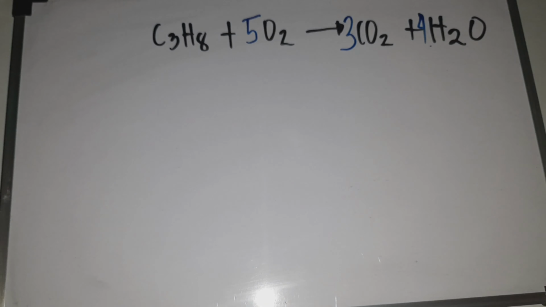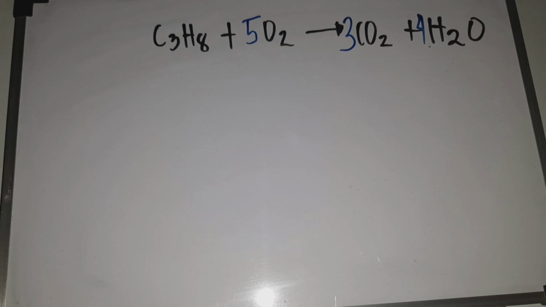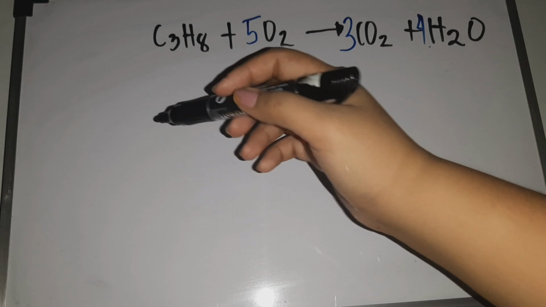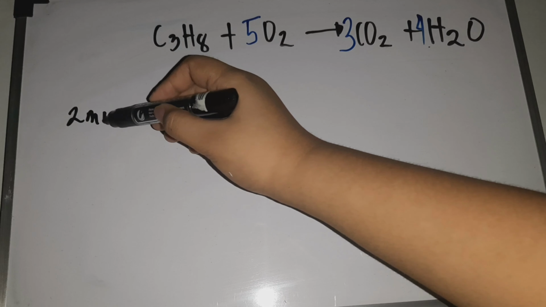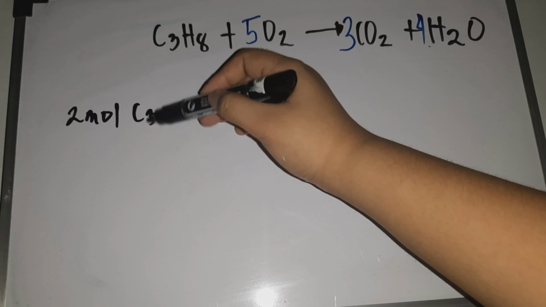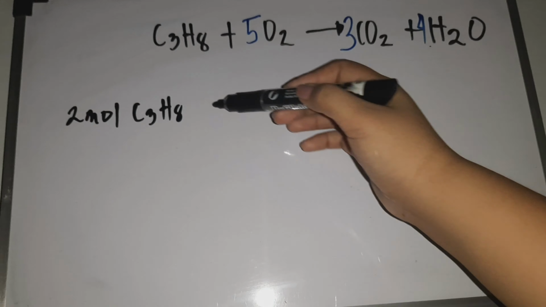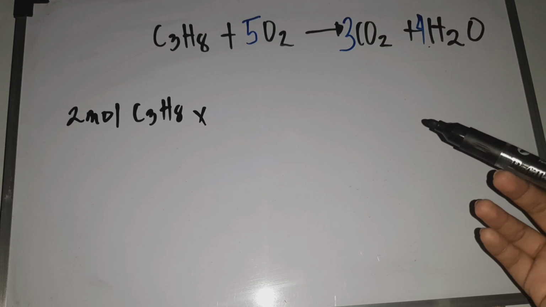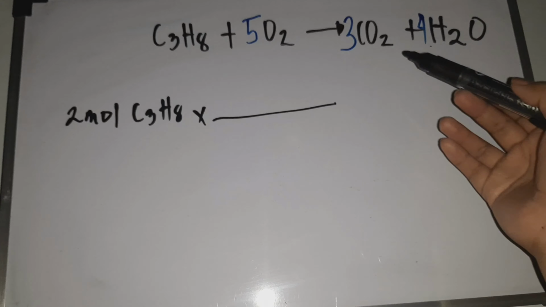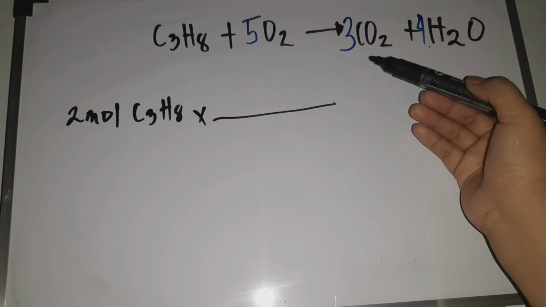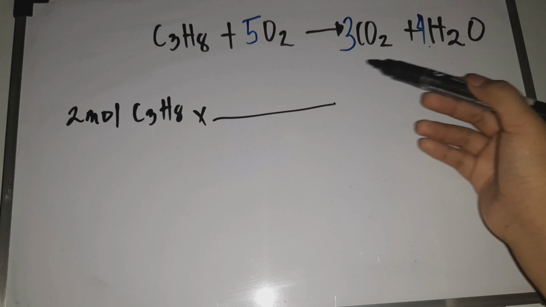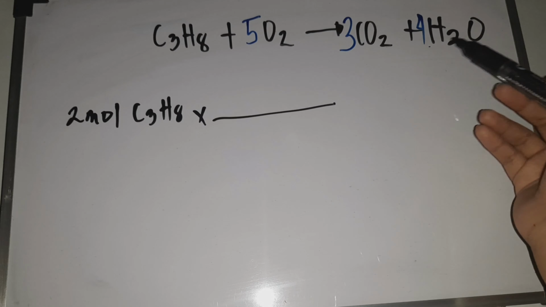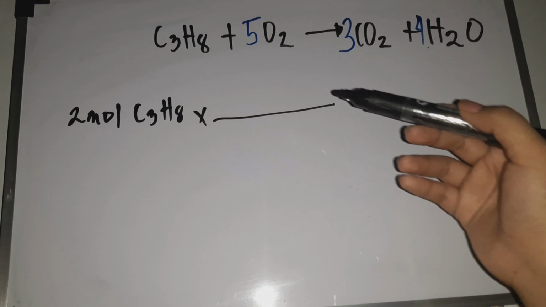So let's try to solve it using our old way of finding the limiting and excess reagent. Let's start with propane. From the problem, we have 2 mole of C3H8, which is the propane. What is the ratio of propane to carbon dioxide? Class, please take note, we are only going to solve for the carbon dioxide, not the H2O, because that is what is asked in the problem.